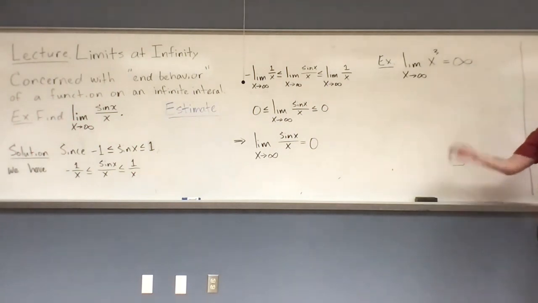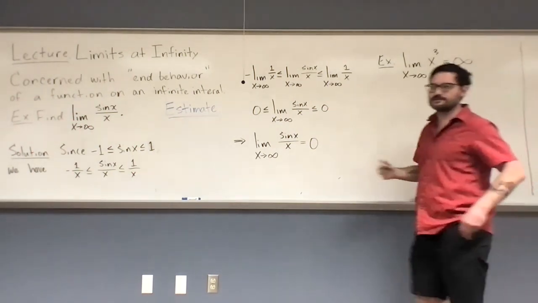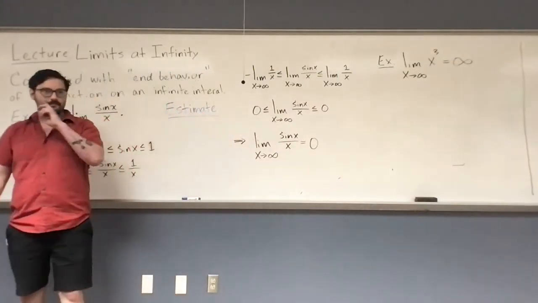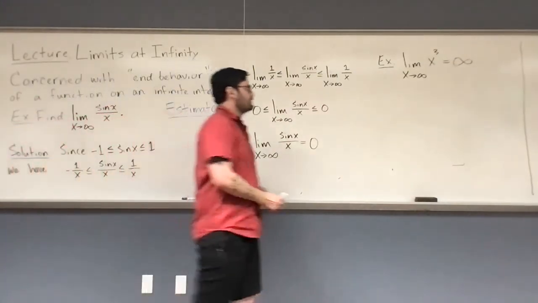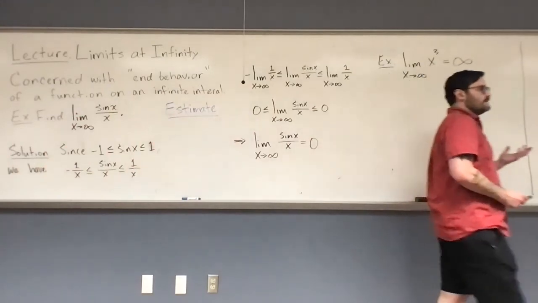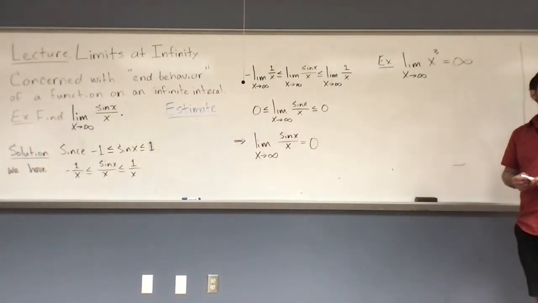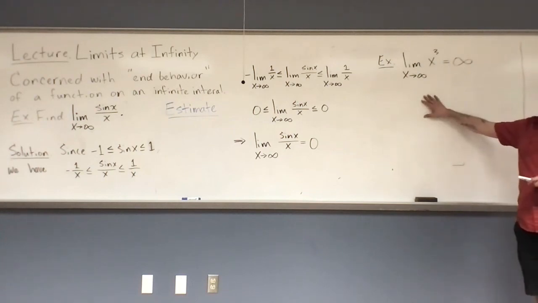There's nothing stopping this thing. There's no horizontal asymptote. It just goes. So basically, for the sake of not standing anymore, because my ankle hurts, I'm not going to write down the definition. I'm just going to tell you it.